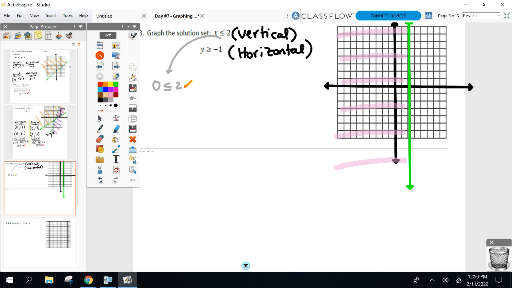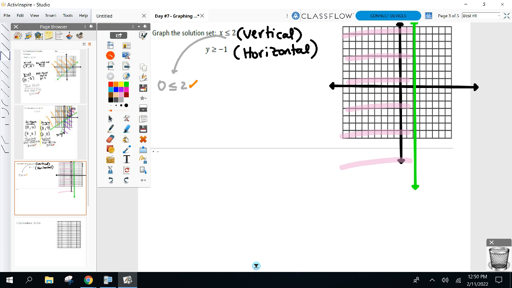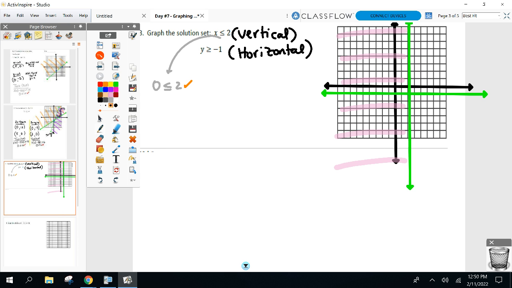And then your other solid line, horizontal going through -1. You could still plug in 0.